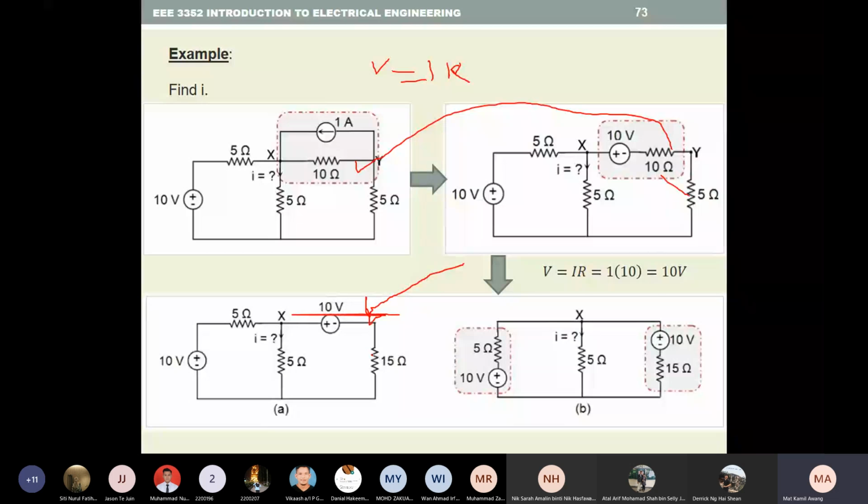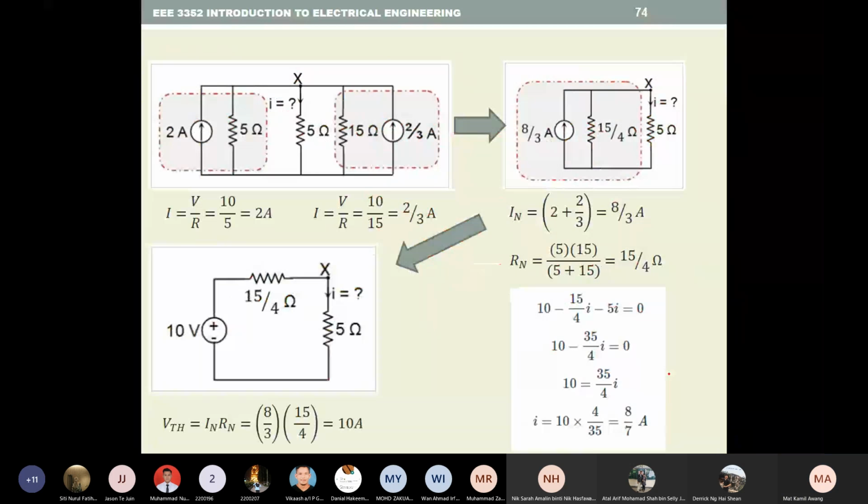10 plus 5 is 15, with a 10 volt source. This is actually a Thevenin. Then you can change it into a Norton, like this, and this also becomes Norton.